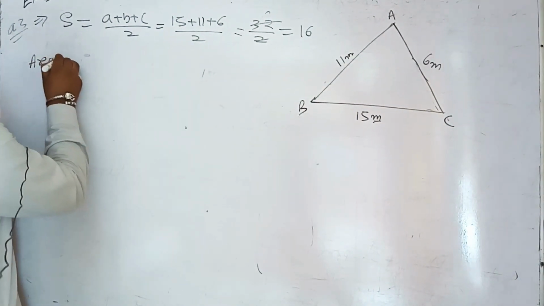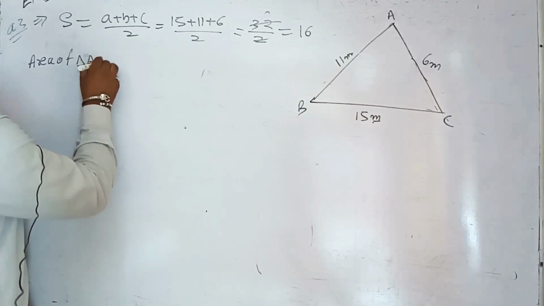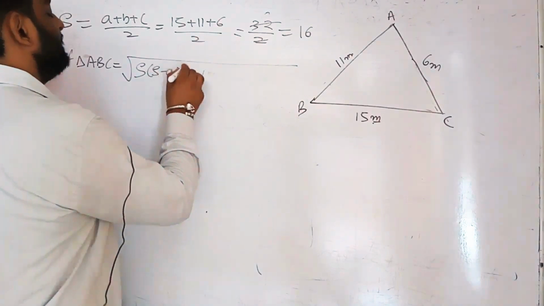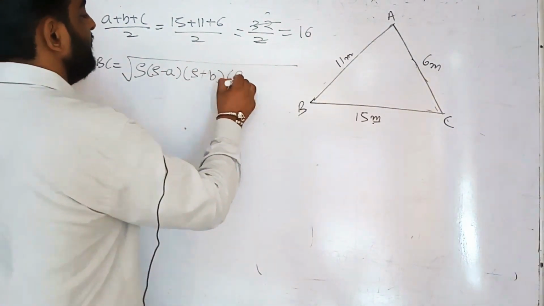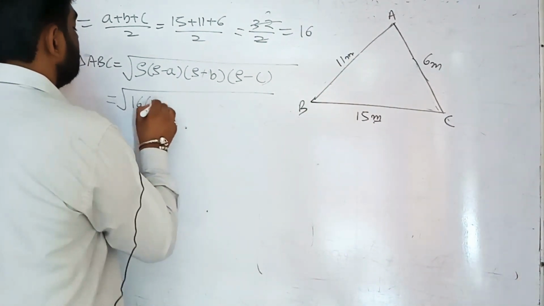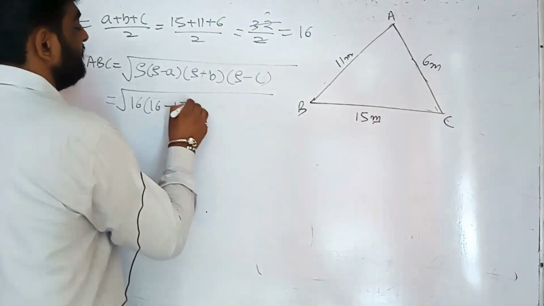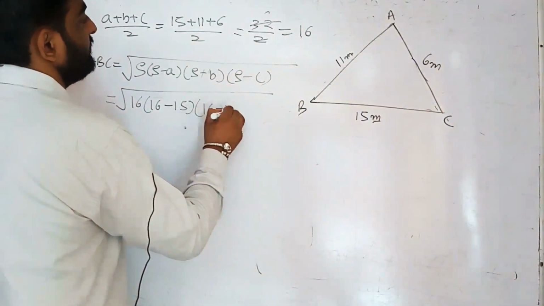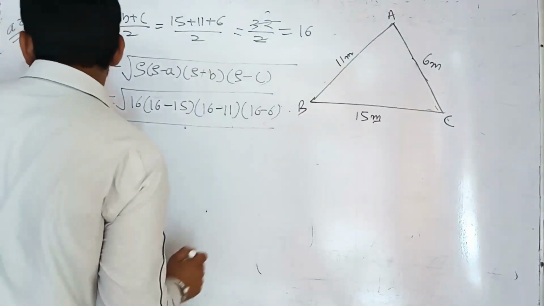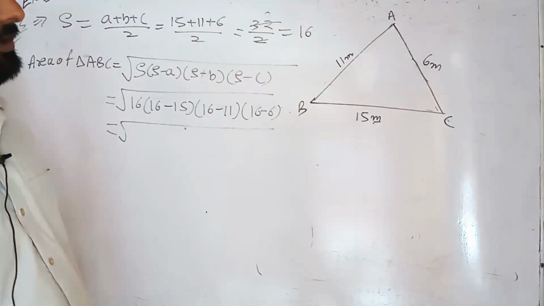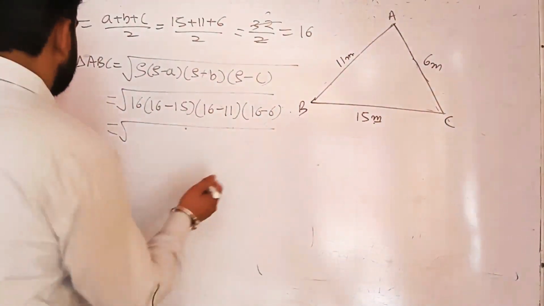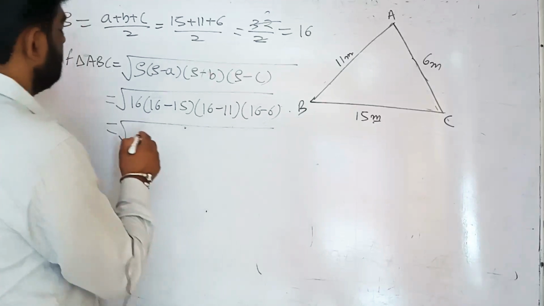Area of triangle ABC equals under root S(S minus A)(S minus B)(S minus C). S is 16, so 16 minus 15, 16 minus 11, 16 minus 6. Instead of area of triangle ABC, we write it as the area required for painting on the wall.